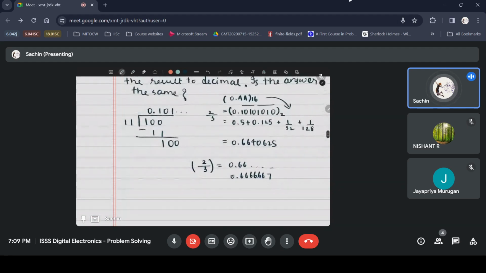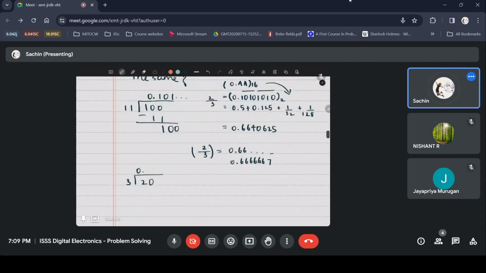But if you did this division in hexadecimal, then 2/3 would be the same operation as in your decimal. 6 times 18, 18 you might write it in a different way, 12, but again it's 2.66. You'll get the same as your decimal.